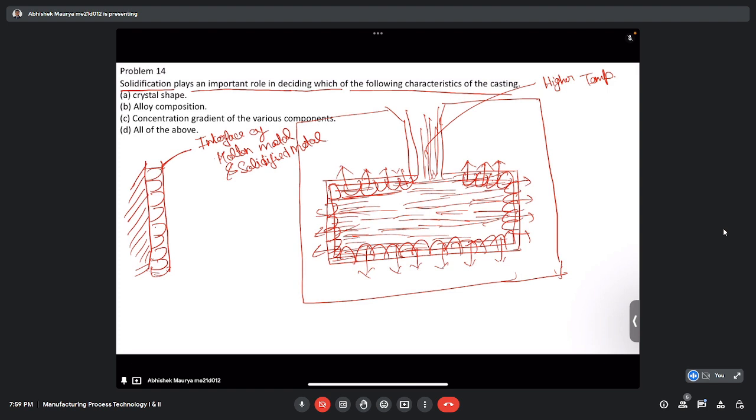This is the molten metal region. Nearby the interface region, this is the high concentration region. In this region, the concentration of alloying components will become higher.